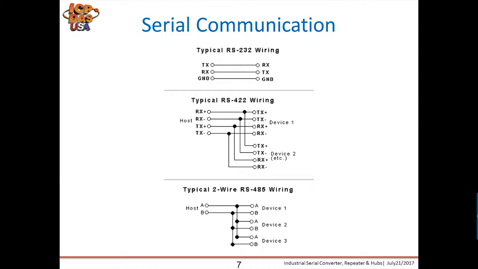RS232 only allows for one transmitter and one receiver on each line. It also uses a full duplex transmission method. Some RS232 boards sold by us support baud rate up to 1 megabit per second.